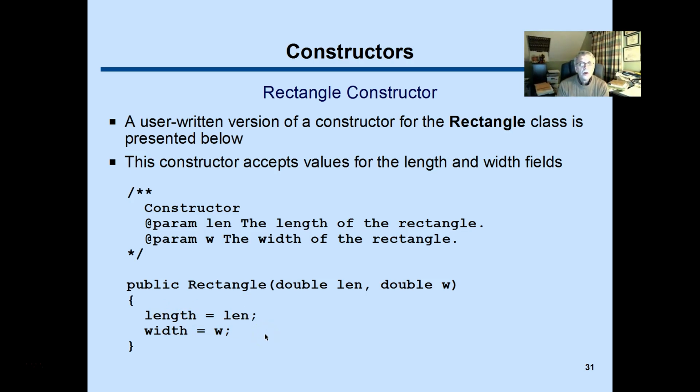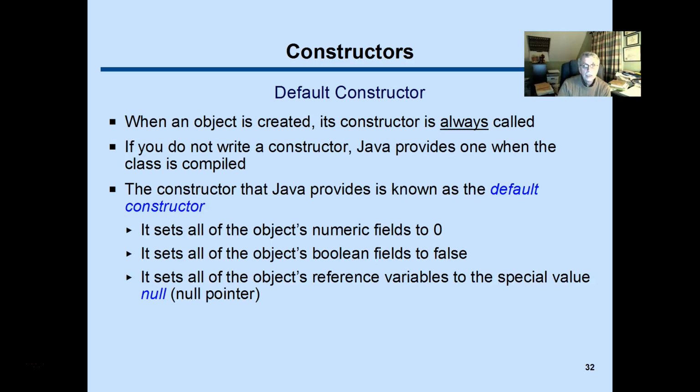The constructor will be fired up automatically once the new operator invokes it. What it's doing is allocating storage for the object and the variables of length and width in this case, and then the constructor will get a chance to execute, and it's only upon completion of the constructor's execution that we will actually receive the address in our reference variable to gain access to the instantiated object. So the sequence of events is pretty important to recognize.